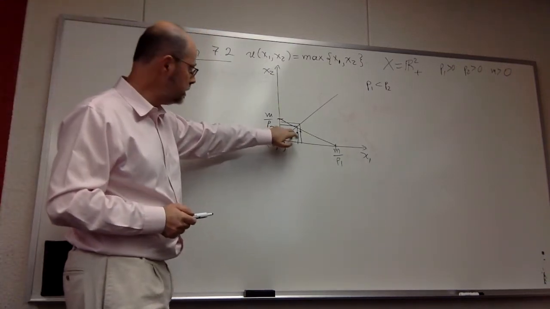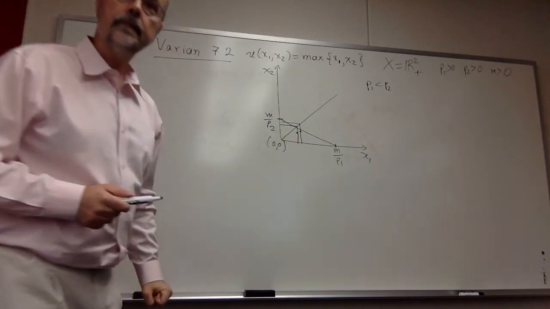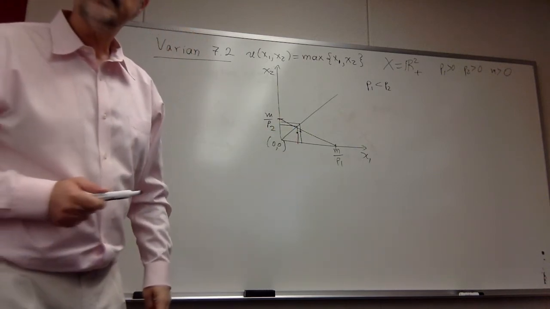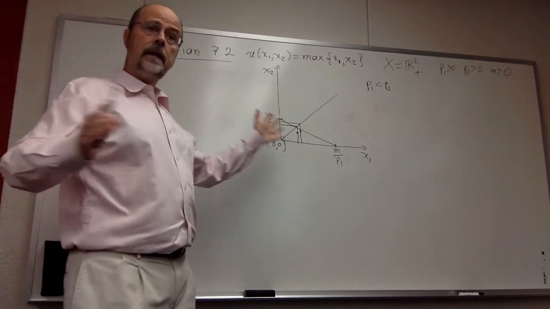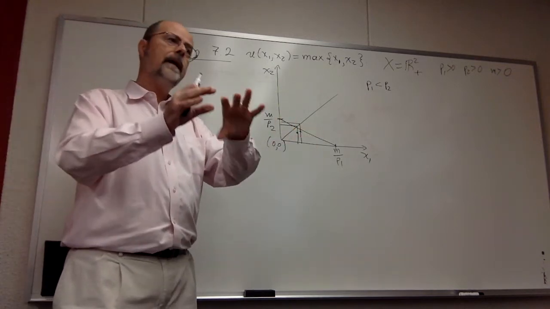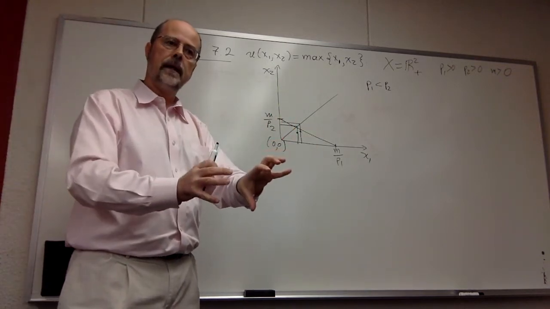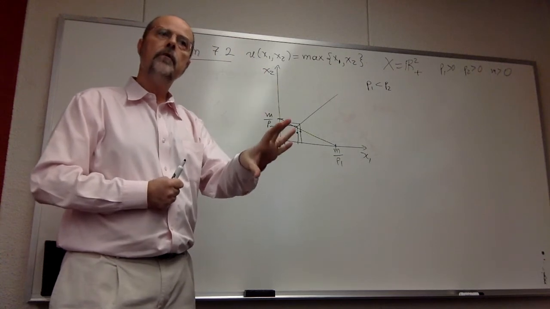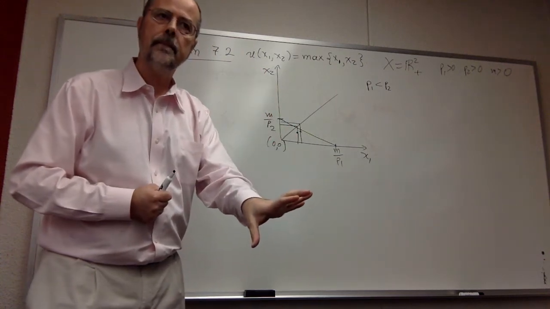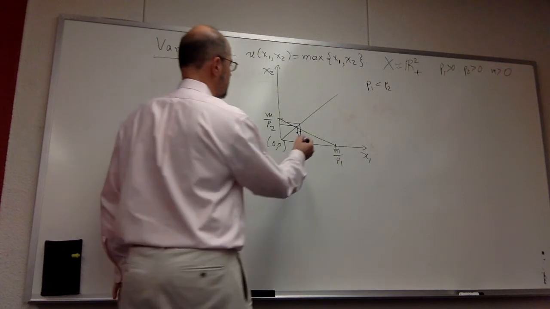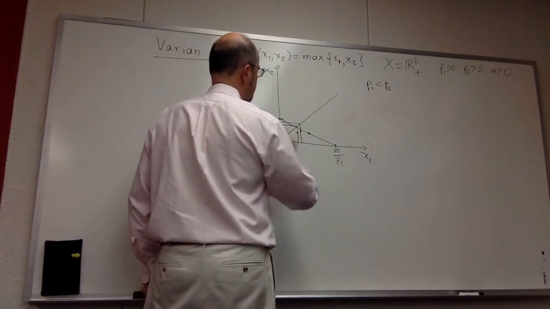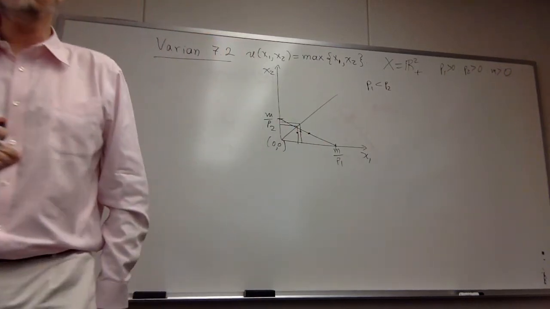And for the same reason, this one is neither, right? So I don't need to bother with any of those points below the budget line. I will only bother with points on the budget line. Okay, so here's a point on the budget line. Is it the maximum?